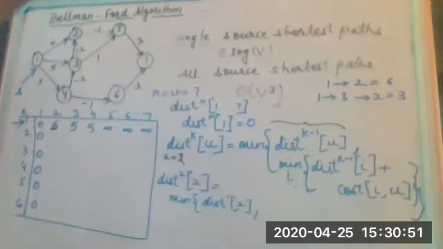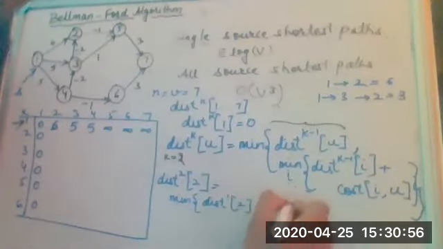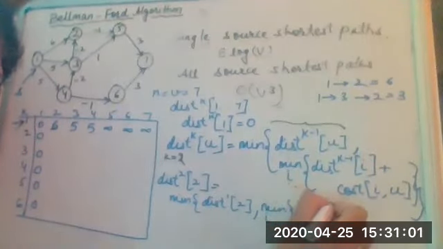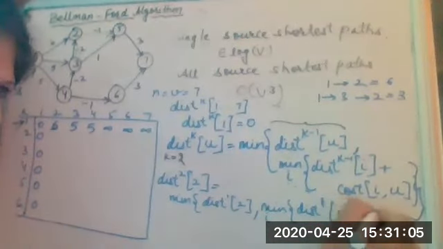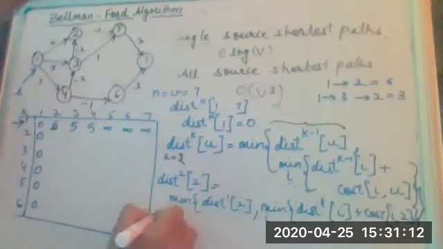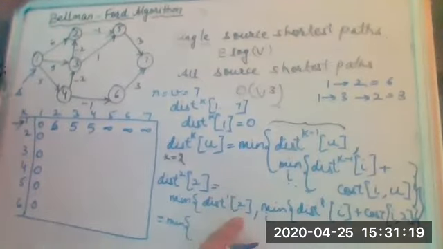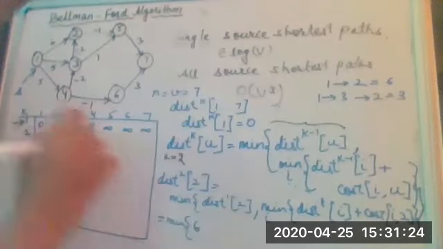And I want to find out the other values. Minimum of I, where distance of 1 I plus cost of that ith vertex to the second vertex. Now let's see what these values are. Minimum of distance of the vertex 2 from the source, when you are taking only one, is 6 from this graph.